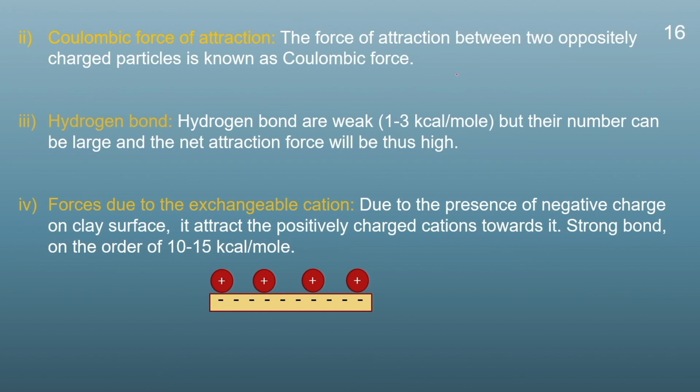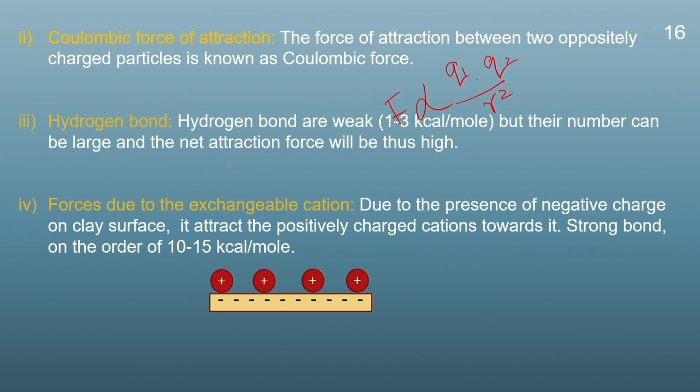We know that if two oppositely charged particles are there, then there will be a force of attraction. Suppose there are charged particles Q1 and Q2 separated by a distance r, so the force of attraction will be proportional to Q1 into Q2 by r square. So, this is a Coulombic force of attraction.